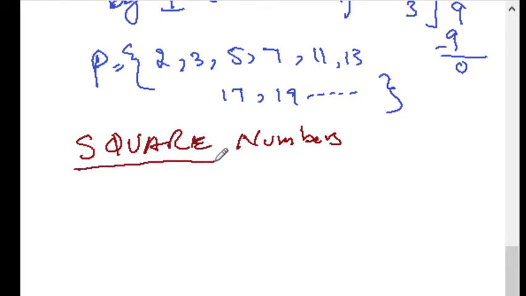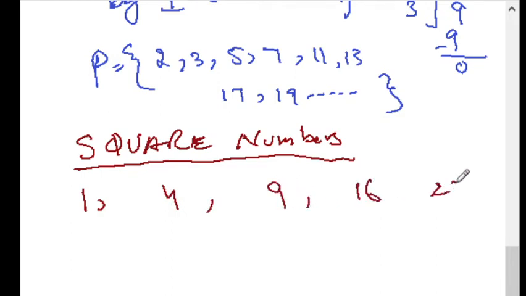Look at the square numbers. I'm writing square numbers first here. A few square numbers: 1 is a square number, 4 is a square number, 9 is a square number, 16 is a square number, 25 is a square number. And there are so many other numbers that can also be called square numbers. What are square numbers? Look at this one.